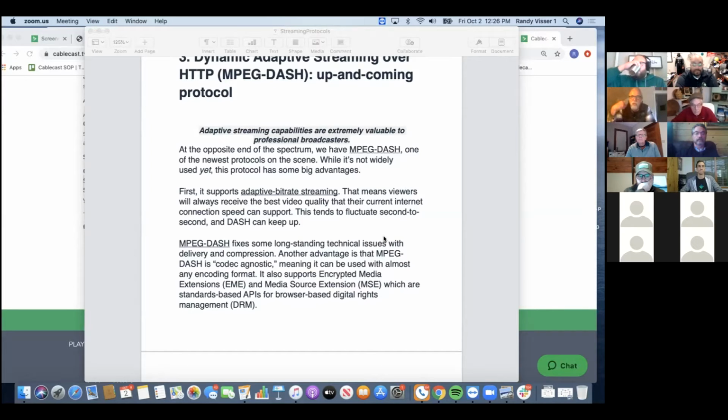So if you're sitting in your car trying to watch a meeting stream from a local access channel over a website, it will adapt to the fact that you may only have two bars, and it might drop the quality of the stream, but it continues playing. That's adapting to your bandwidth capabilities, essentially what that deals with.